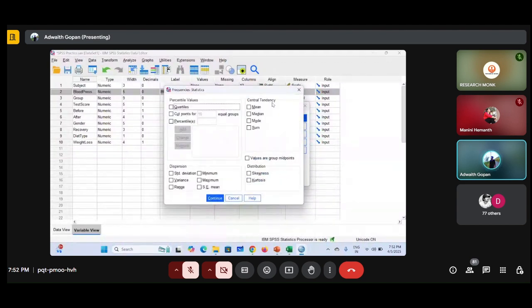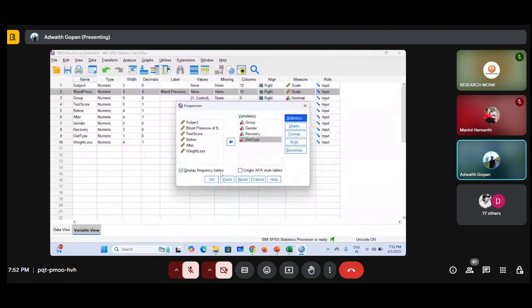And in Statistics, you don't need to add anything, just keep it as it is, because even if you add mean, median, and mode, SPSS won't give you any output because these are nominal variables. SPSS only gives you the frequency as well as the percentage. Select all the nominal variables and click OK.